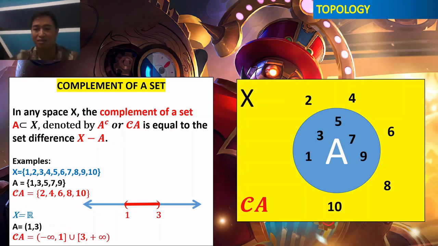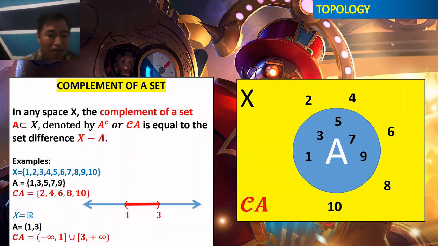Okay, can you see that one in the figure? 1, 3, 5, 7, and 9 are contained in A. And then outside of A are 2, 4, 6, 8, 10. So the remaining elements are elements in the complement of A. Okay. By the way, class, their intersection must be empty. So wala silay common elements. Kaya ang element ni A class lahi ang element sa complement ni A. Okay?